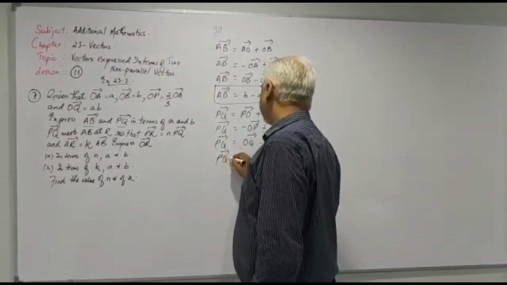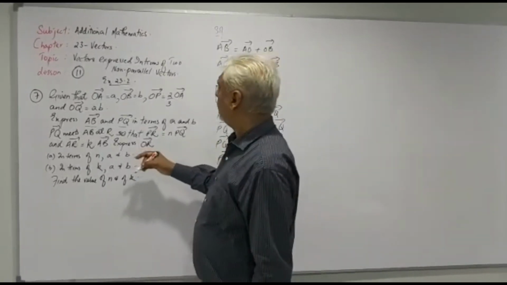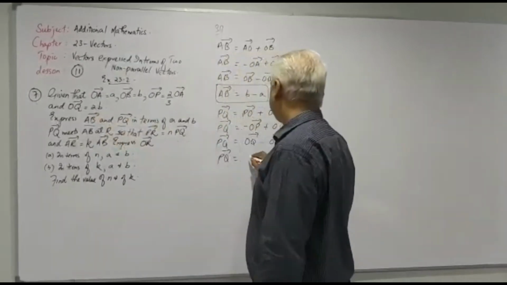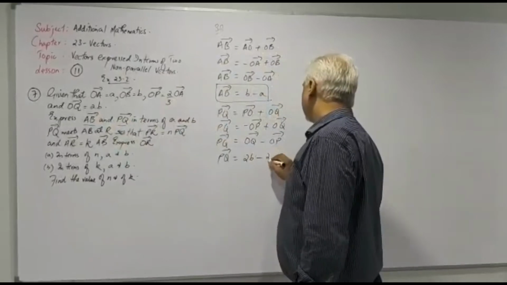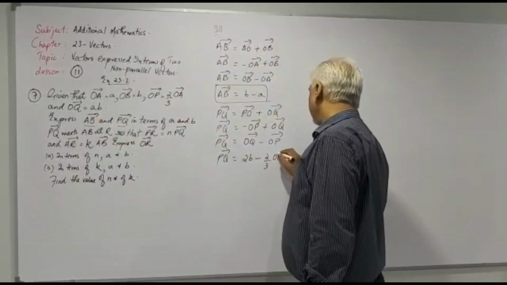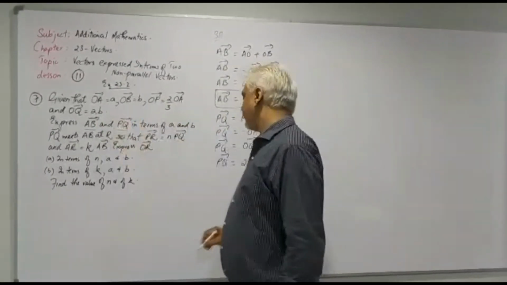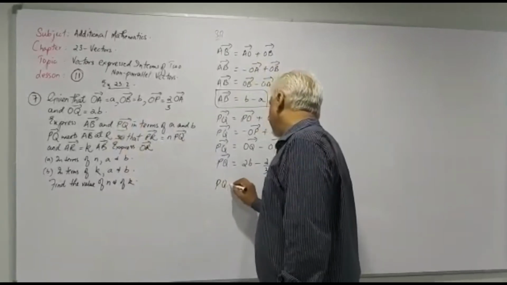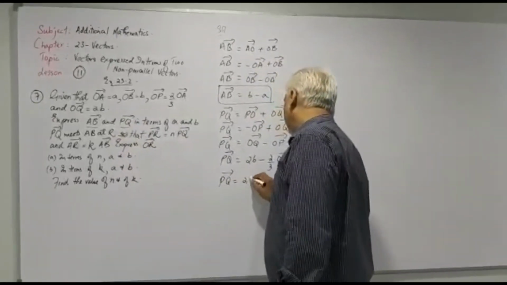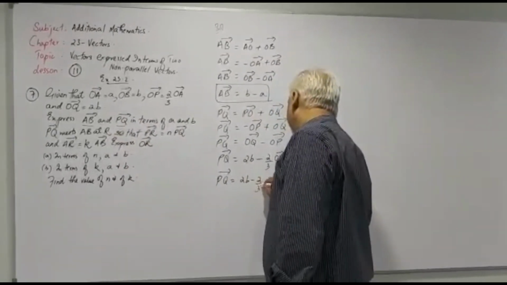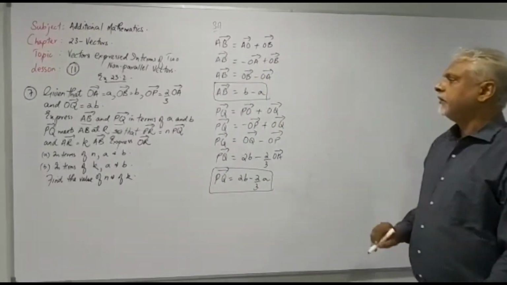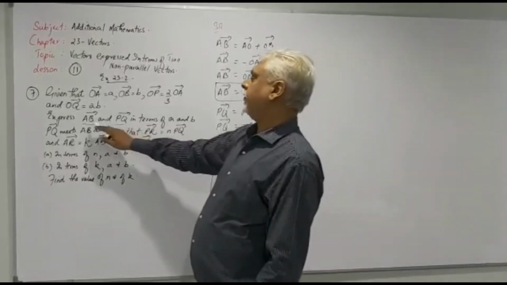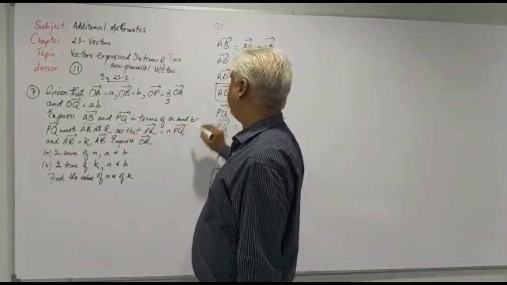Now OQ is 2B, minus OP, which is 2 by 3 OA, and we know OA is equal to A. So PQ is equal to 2B minus 2 over 3 A. So there you are. We just found the value of AB and PQ in terms of A and B.